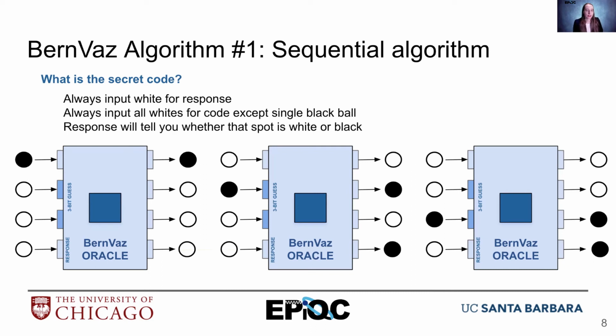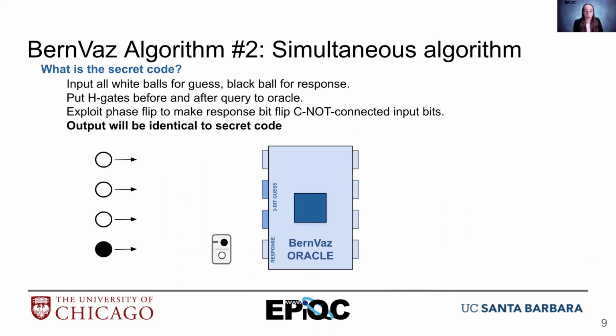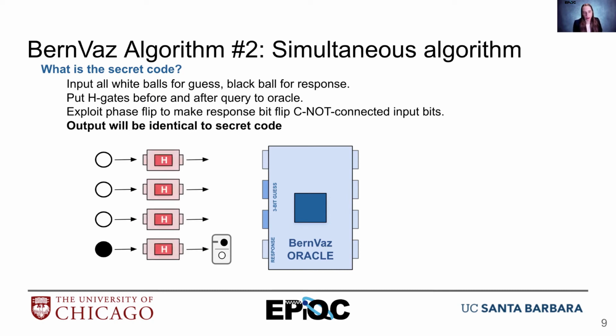Now let's look at what we can do with quantum. We're going to input all white balls for the guess and a black ball for the response, and we're going to put H gates before and after the query to the oracle. We're going to expose phase flip so that instead of having only a single piece of information that might change, which is the response, we're actually going to cause the other bits to change, which allows us to have more information.